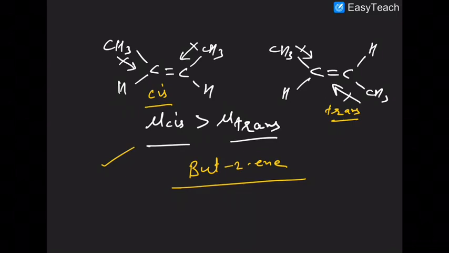But in case of the trans isomer, the bond moment of one side will cancel out the bond moment coming from the other side. So that's why in case of such alkenes, the cis isomers have greater dipole moment than the trans isomers.